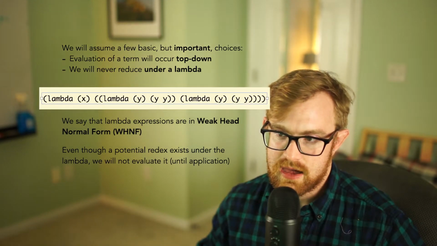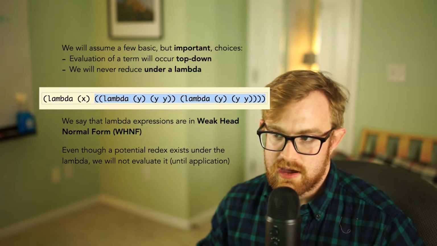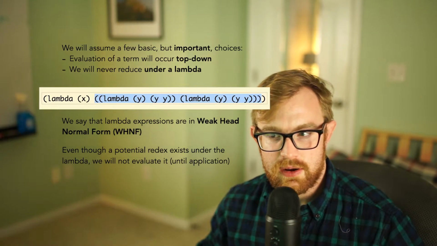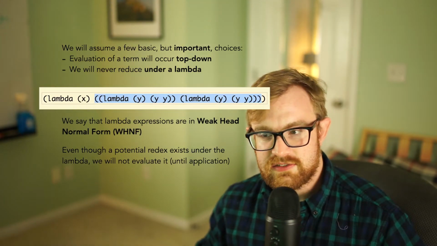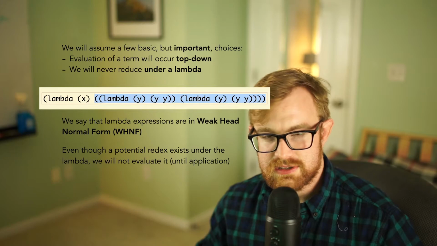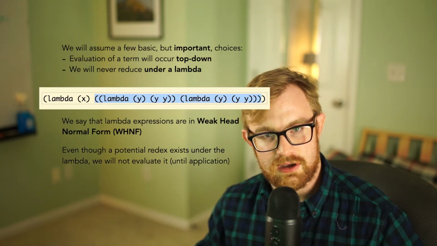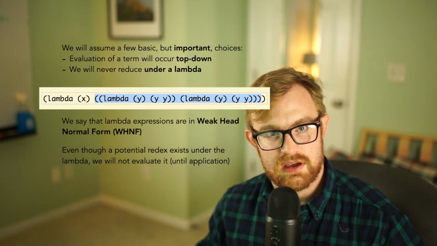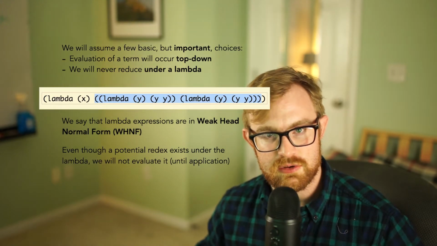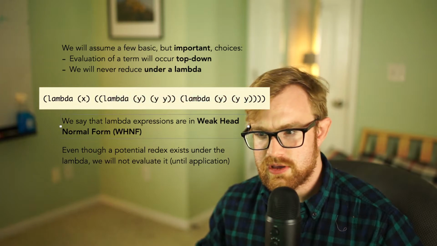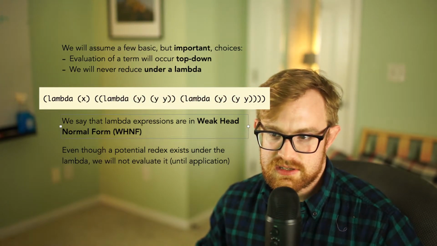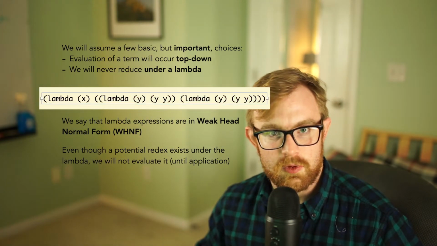Let's look at this example right here. I've got lambda x, and then under the lambda, I've got the omega combinator. I know from the last few lectures that if I start beta reducing this expression, there's no end in sight. I could continue to beta reduce this all day, and it would never terminate. It's just the simplest looping combinator you can get. However, in pretty much every programming language, this expression is in what's called weak head normal form.